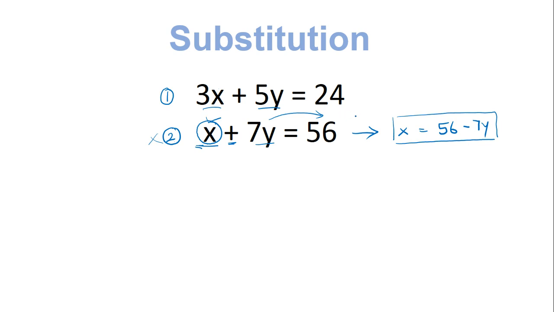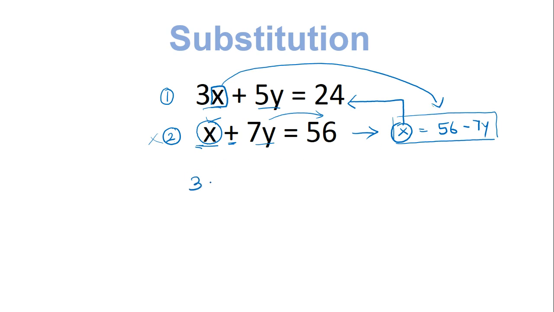I need to substitute this stuff inside my first equation. The x is the one that has been isolated, so the x of the first equation needs to be substituted. And substituted by what? By the stuff that I've got here, 56 minus 7y.